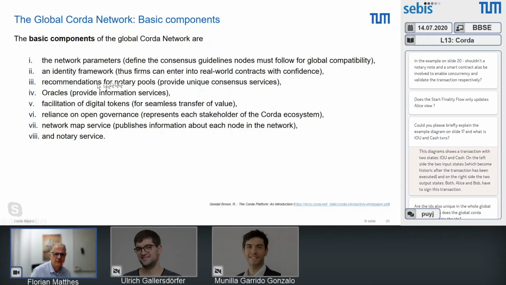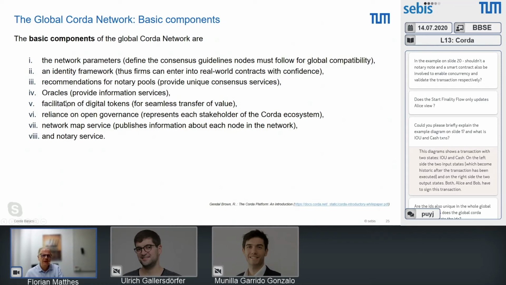Then you have notary pools, which are recommended to be used by the participants. There are also well-defined oracles, which provide information services like stock exchange rates, etc. I don't know exactly what the current oracles are in this network, but they also exist, with the same argumentation that the state transformers don't have access to local resources or the real environment, so you need this notion of oracles also in the Corda network.